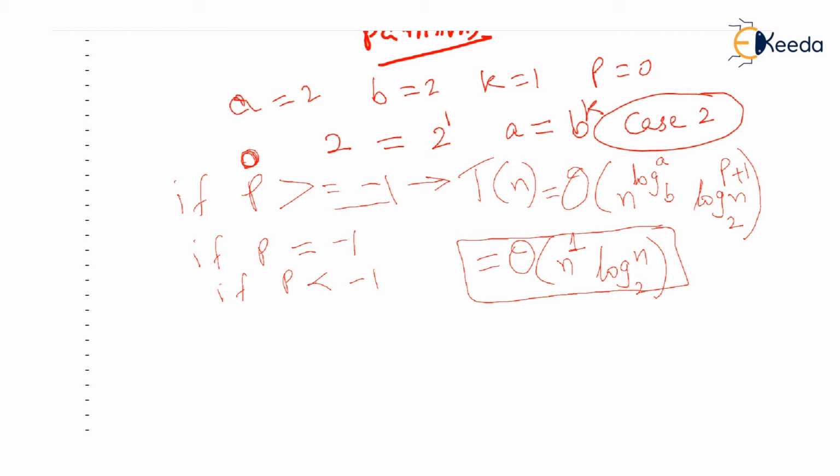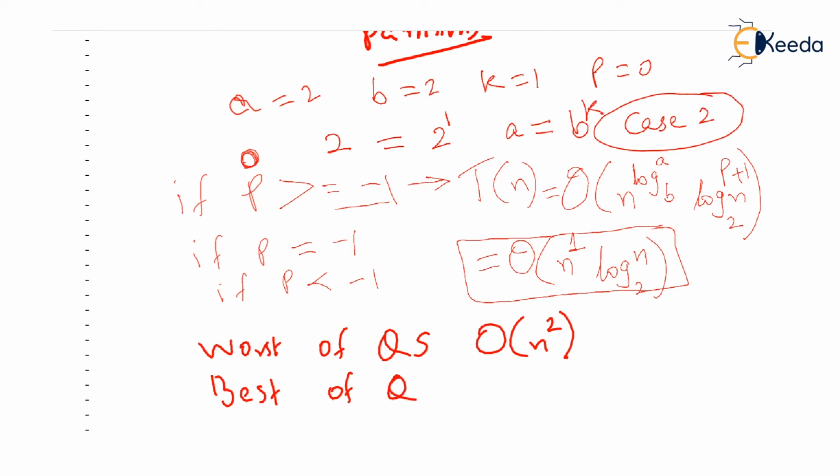The worst case of quicksort was O(n squared) when the array was sorted or in decreasing order, reverse order. And quicksort had a best case. The best case of quicksort was when the two partitions were always found of equal size. And that was n log n. This was the best case.